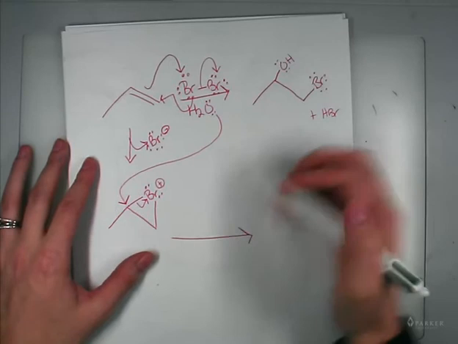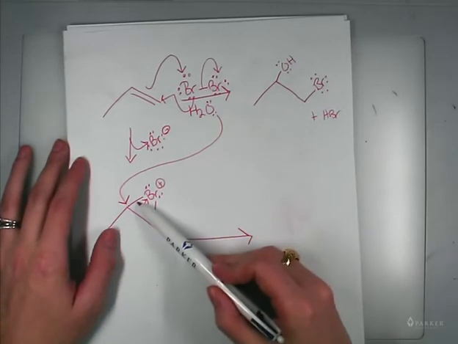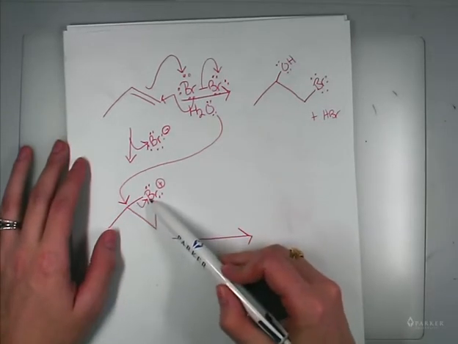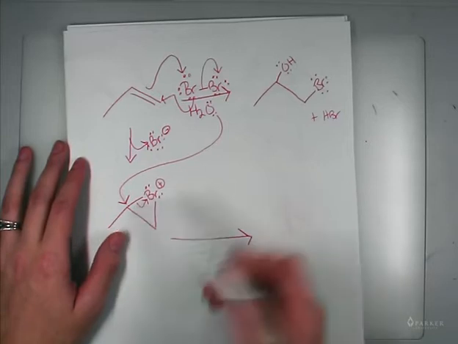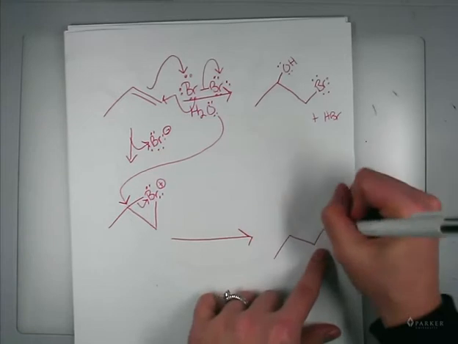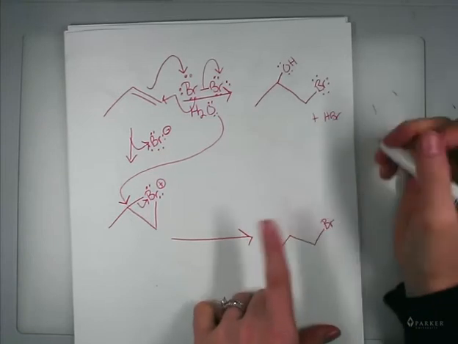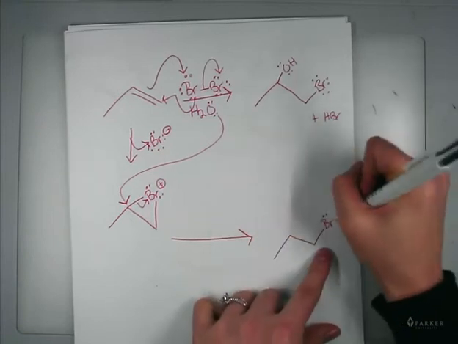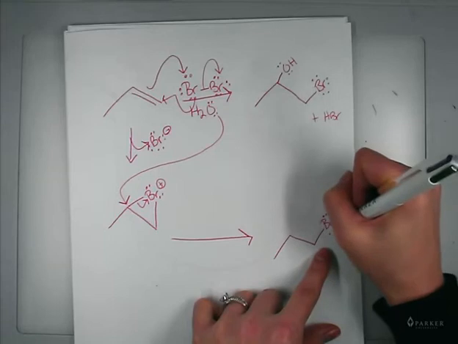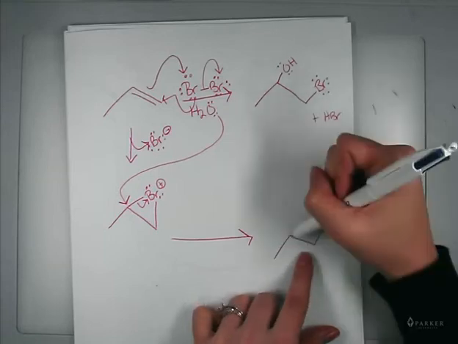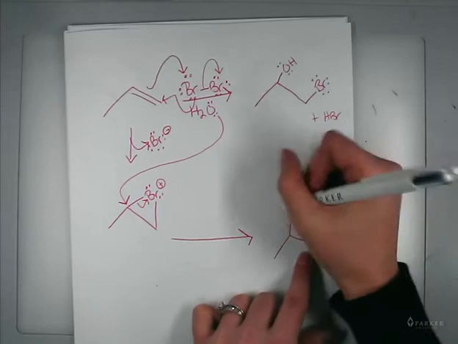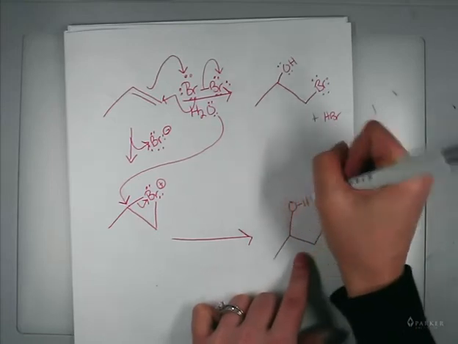So let's see what happens. This bond just broke and became what? A lone pair. So is it bonded right there anymore? No. So bromine is just going to be bonded on this side. And then what's over here? H2O.